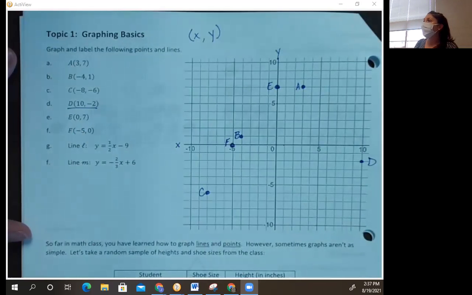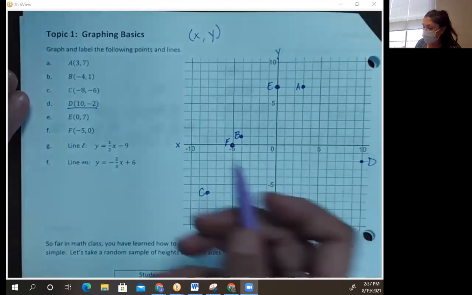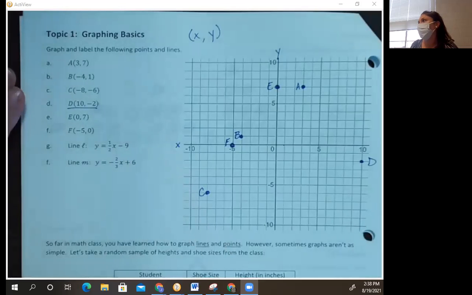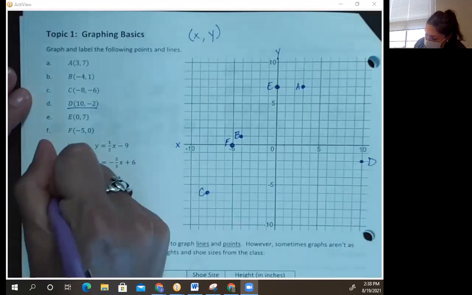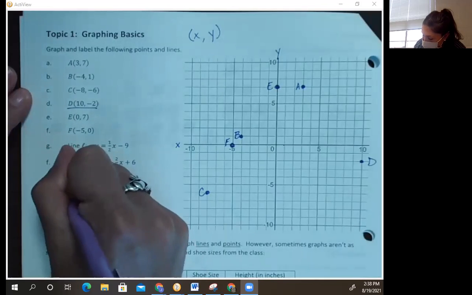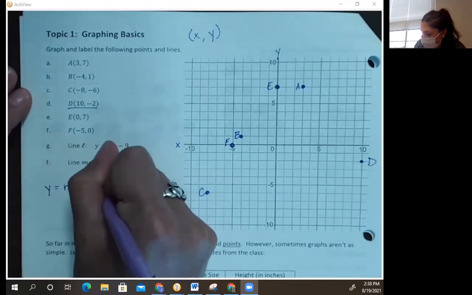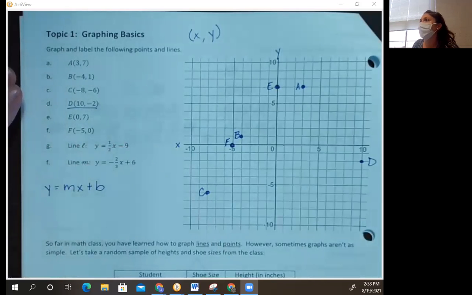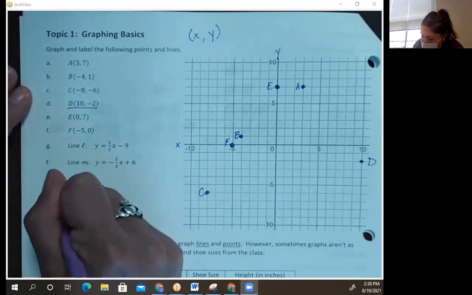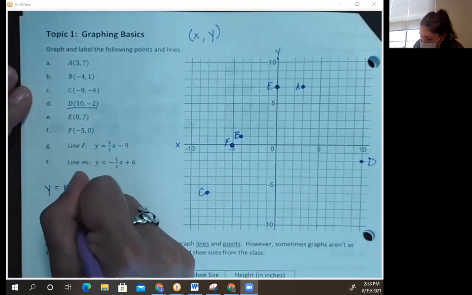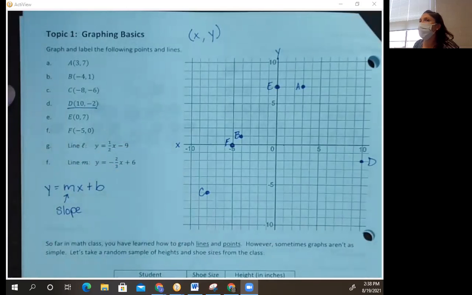Okay. The other thing that you've done before, but not for a while, is graph lines, particularly lines in slope-intercept form. Okay? We saw this a lot in middle school. So when we have slope-intercept form for a line, that's y equals mx plus b as our general form. M is the slope of our line, or the sort of steepness of our line.